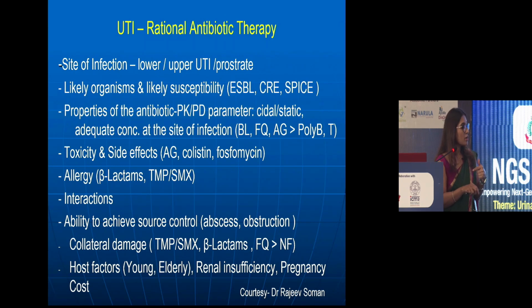Similarly, colistin is associated with nephrotoxicity, and the first dose of colistin may not really deteriorate the kidney function, but this may be evident after 2 or 3 doses, or on the second or third day, that the creatinine function has started declining.